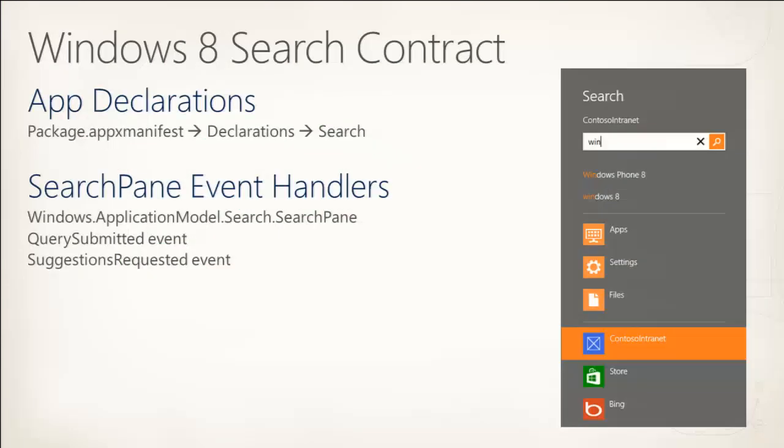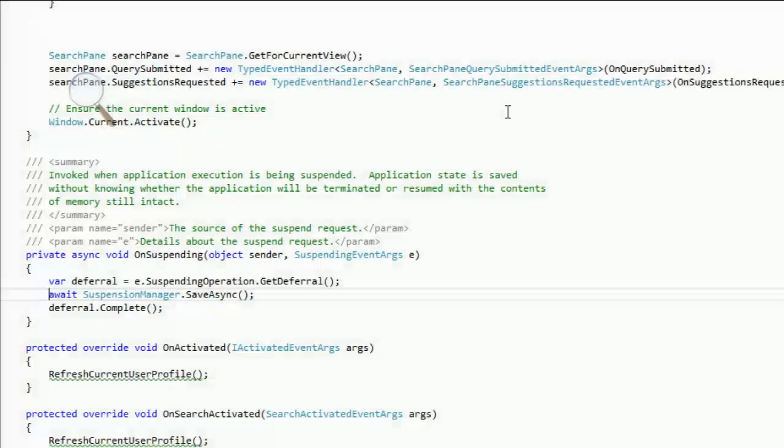Just to jump back into the code real quick, I'll show you how easy it is to implement that search contract using the search charm that talks to the applications. It's really just 3 lines of code. You're basically grabbing the search charm, and then implementing, for our purposes, 2 event handlers: the query submitted, which sends the query to the landing page along with an argument, and the suggestions.